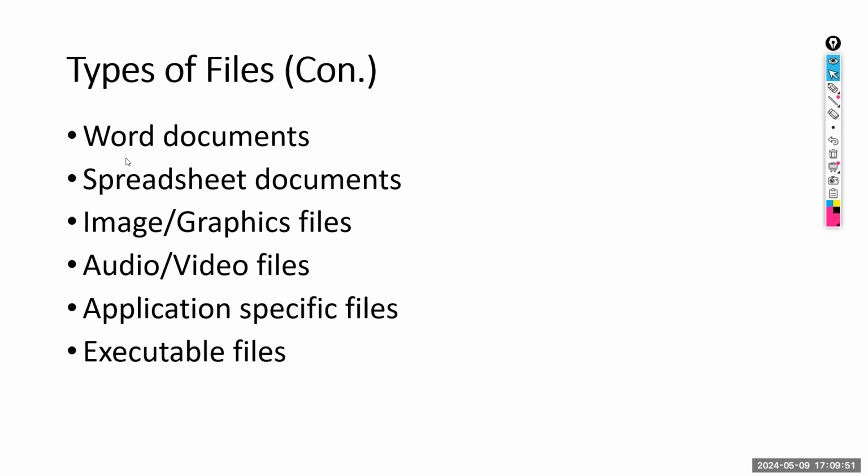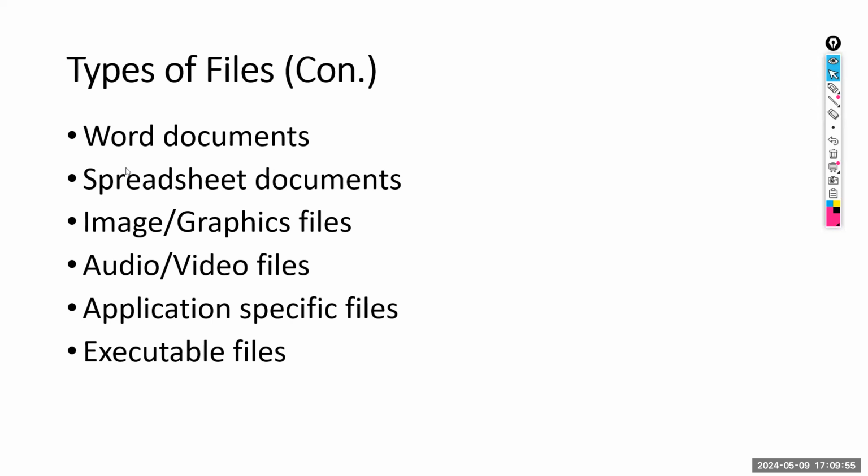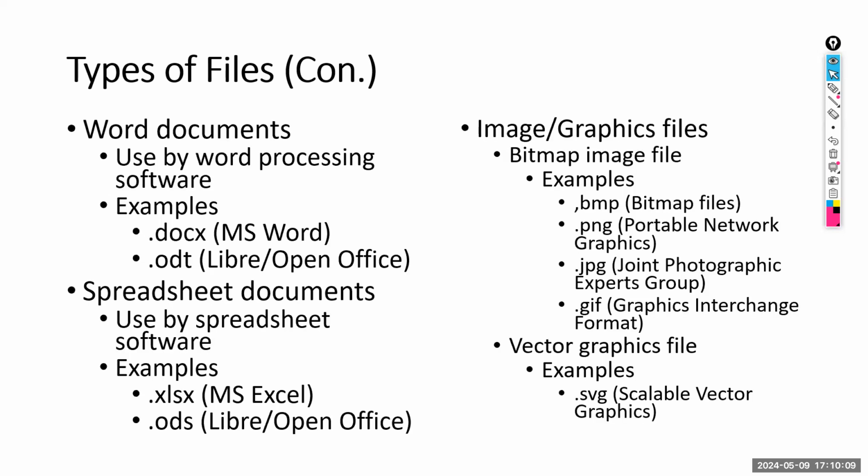So plain text files and some special cases like Word, spreadsheet, image, audio, video, application specific, and of course the executable files, bat and exe files. So these are some examples. Word documents, if it is Microsoft Word, are docx.